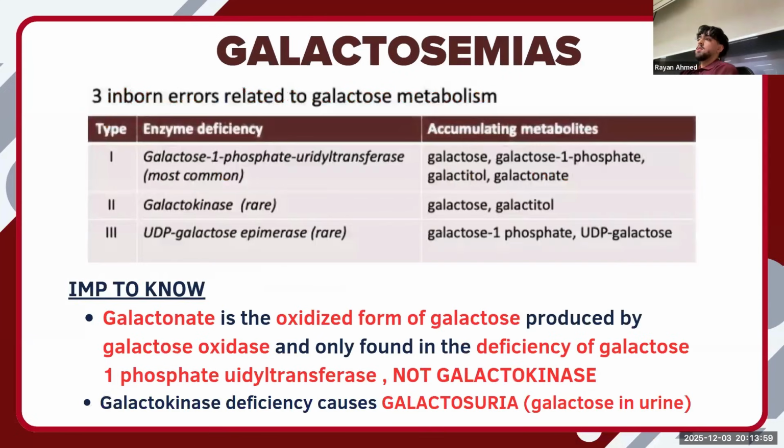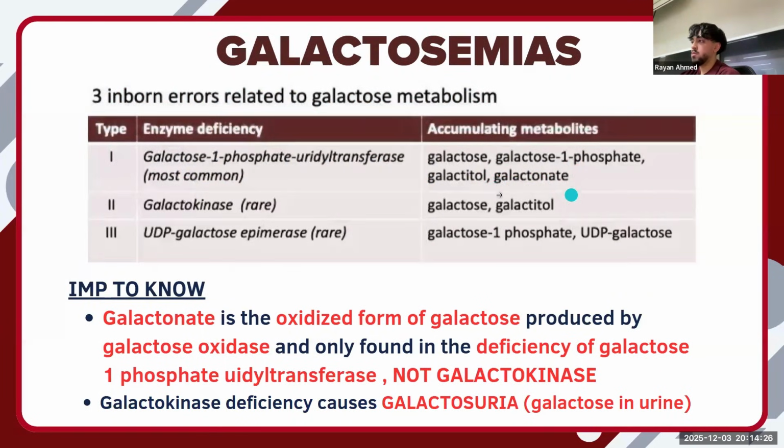Okay. This is the most important table you need to know. For galactosemias, we have 3 inborn errors related to galactose metabolism. So type 1, type 2, type 3. Type 1, which is the most common one, is UDP uridyltransferase, which is galactose 1 phosphate uridyltransferase deficiency. Accumulating metabolites, we're going to have galactose, galactitol, galactose 1 phosphate, and galactonate.